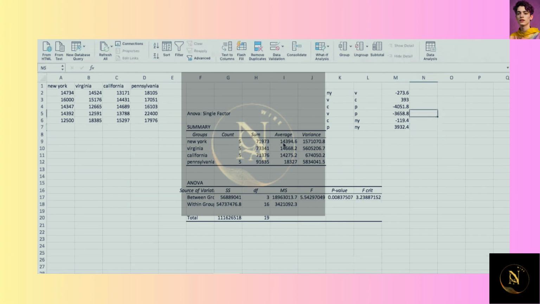Okay, and to find our denominator, we are going to take the square root of the mean square within groups over our sample size. So it's going to be 5. So let's take our square root of our mean square within groups over n, which is 5 for everything.